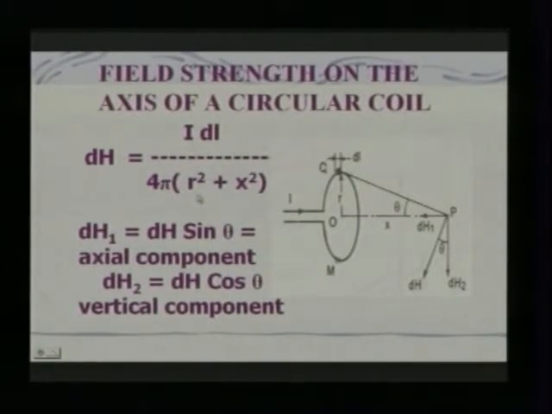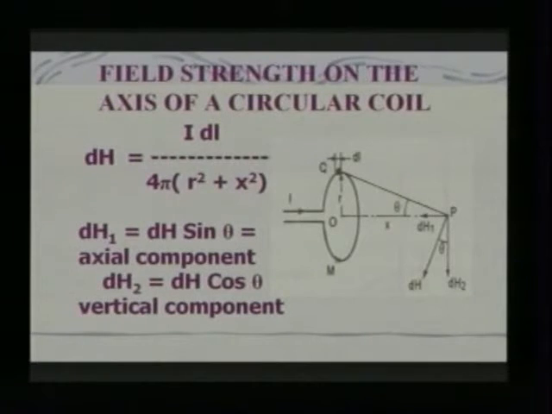Here r square plus x square is the distance between differential element dl and the point P at which field strength is to be derived. Here the direction of dH, that is field strength at point P, is at right angles to the line PQ.